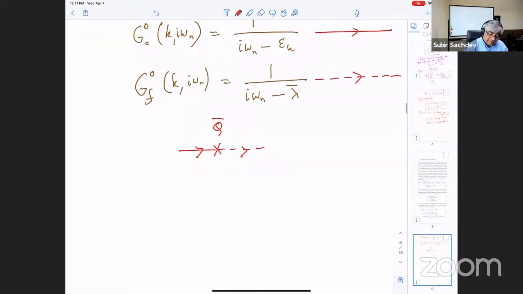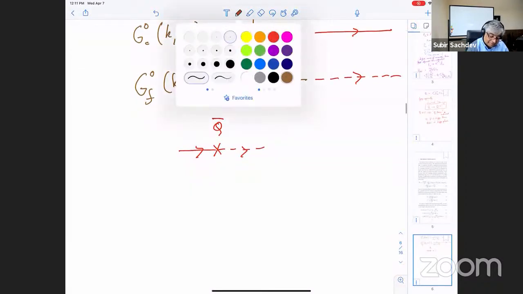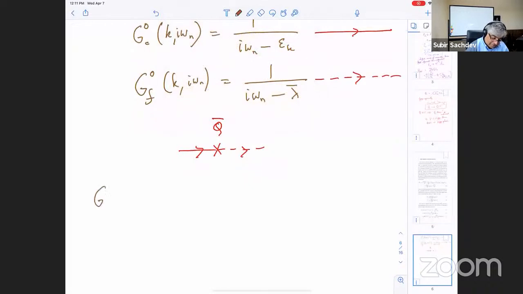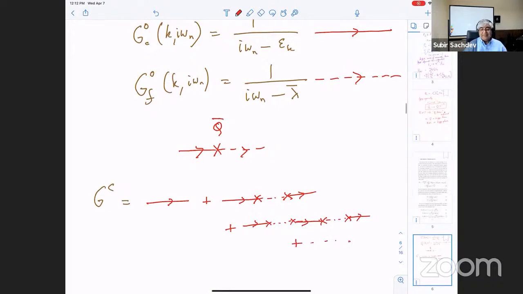Now I want the full Green's function, not just the zeroth order. So GC, diagrammatically, is going to be one full line, plus a full line, Q, dashed line, and another Q, and so on. There's an infinite series.